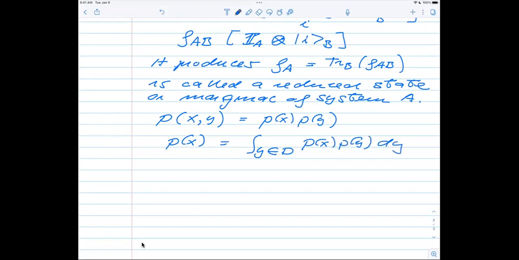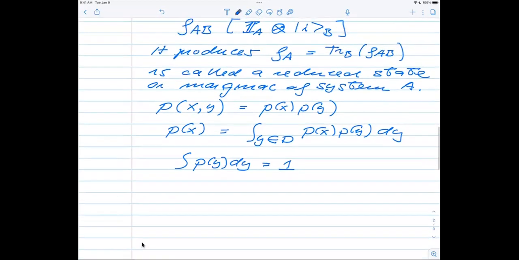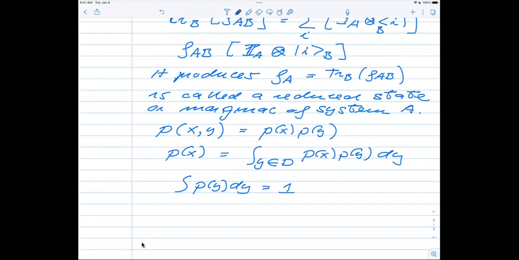And normally these probabilities are normalized. So I have the integral of P of Y dy, which is equal to 1. So that means that in this specific case, P of X is actually equal to P of X. Alternatively, we can have probabilities which are not given by independent and identically distributed variables, and then I would have to perform the integral here. So the definitions which you see here are parallel to the definition of the marginal probability.